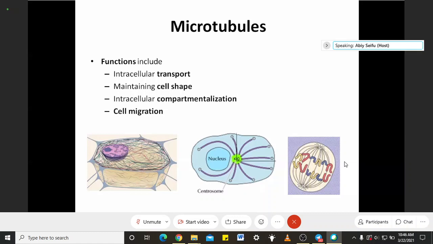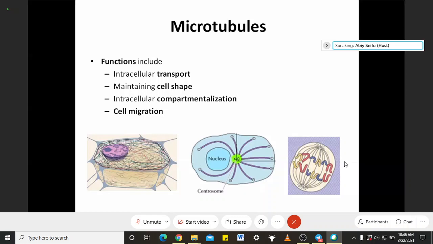They are also important for cell migrations. Here you can see the mitotic spindles separating the chromosomes from the equatorial plate.